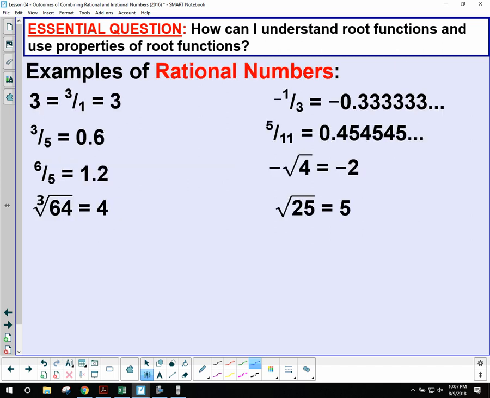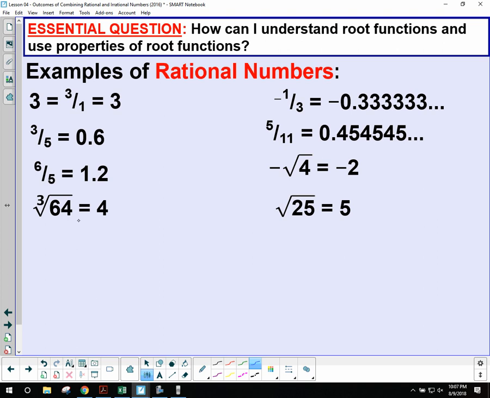More examples of rational numbers: 3 over 1, that's 3. 3 over 5 is 0.6. 6 over 5, 1.2. Now look, I warned y'all about this example right here, this root 36.